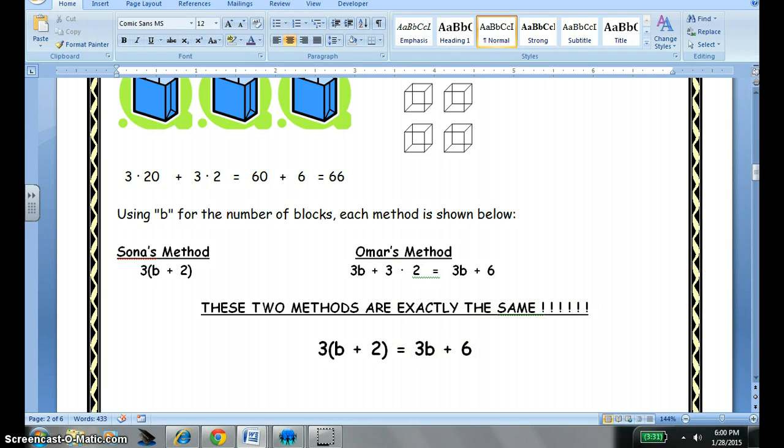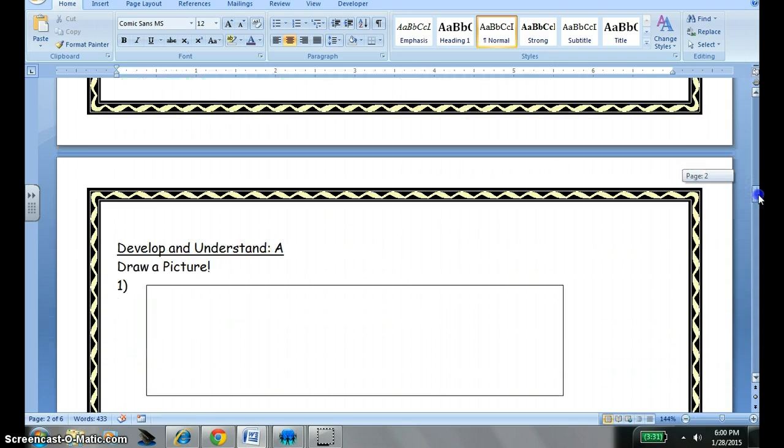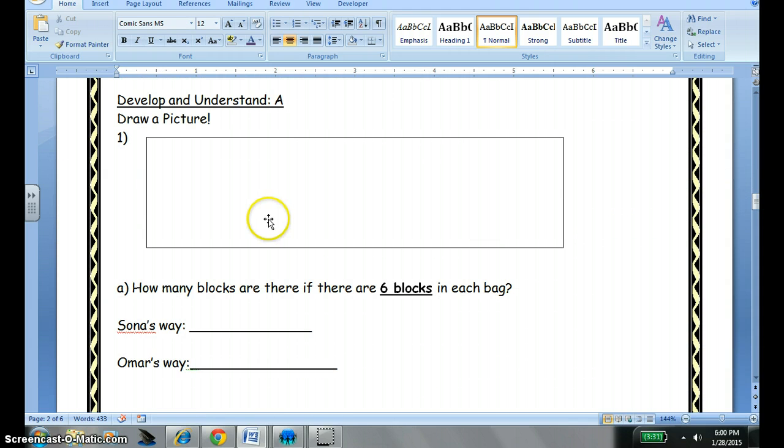So keep that in mind. And this drawing a picture part is just to get you used to using models for the 6 blocks in each bag. So let's look. I'm going to show you how the picture part works, and then I'll stop and take a little break, because you've already been listening to me for 6.5 minutes, which is a lot for anybody.